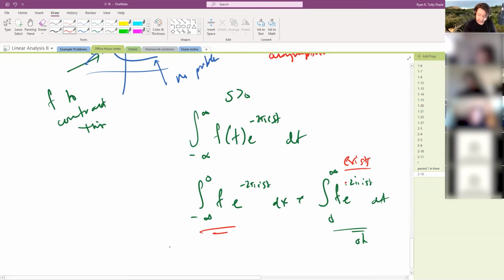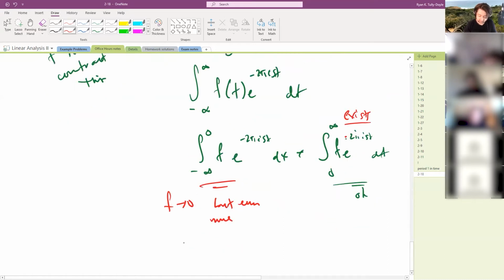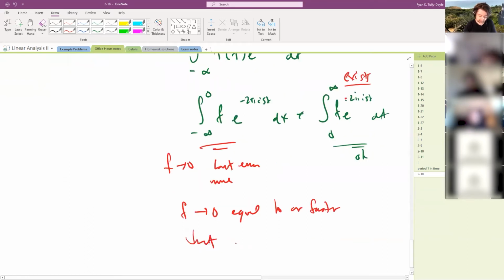That means f had better be going to 0, but even more, f had better be going to 0 equal to or faster than e to the 2 pi i s t. Because if t is negative, this thing is charging off to positive infinity.